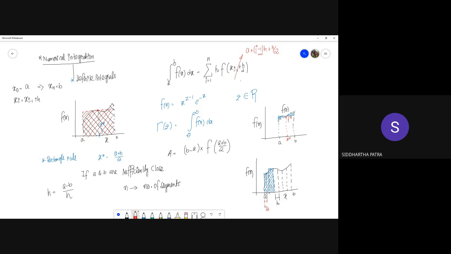The first rectangle spans from a to a plus h, so halfway between that is a plus h by 2. If I move on to the next rectangle, it would be a plus h, and then another h by 2 over here, which goes to show the general expression for the function evaluation: for the ith segment it is a plus (i minus 1) times h plus h by 2.